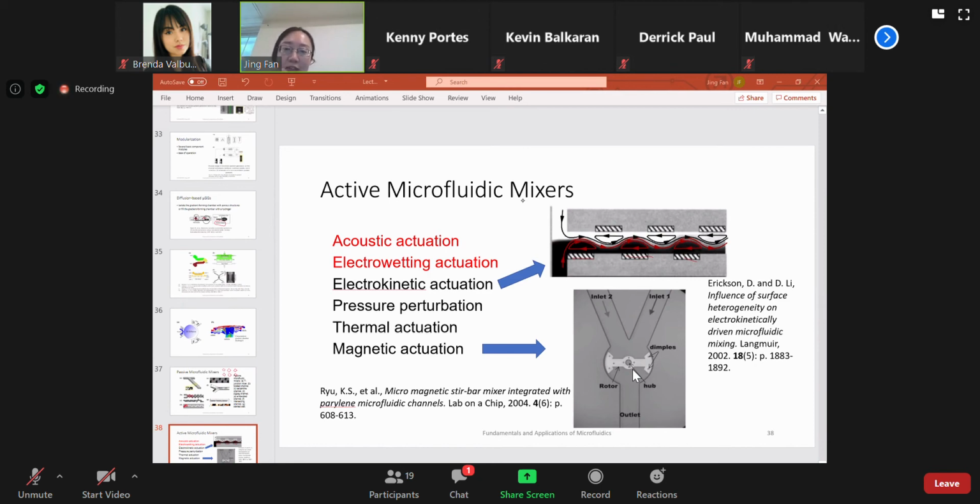The next one is thermal actuation. This is also a very interesting one. Thermal actuation is basically a method of applying external heating and cooling sources to form complex chaotic flow. So can you guess why, when we apply heating and cooling periods to the channel, we can have enhanced mixing?